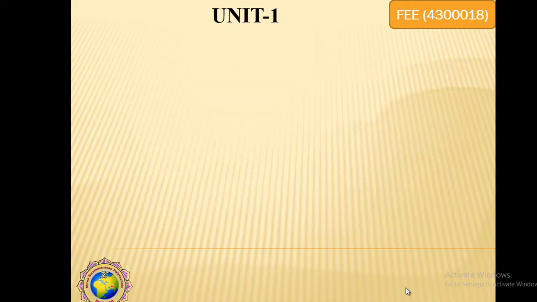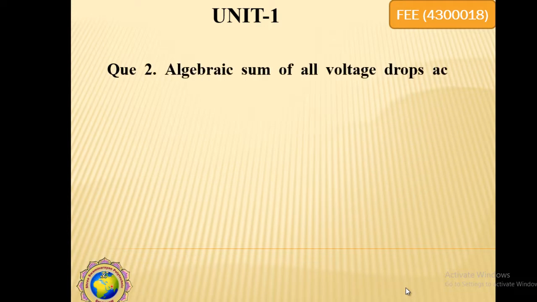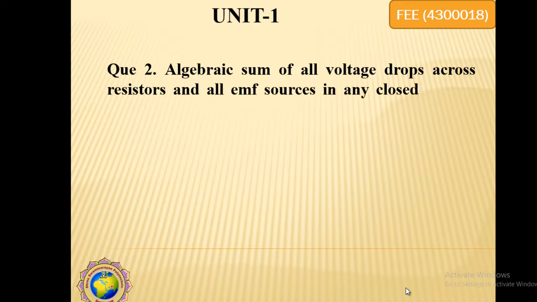Now question number 2. Algebraic sum of all the voltage drops across resistors and all EMF sources in any closed path is 0. Again I repeat, algebraic sum of all voltage drops across resistor and all EMF sources in any closed path is 0.